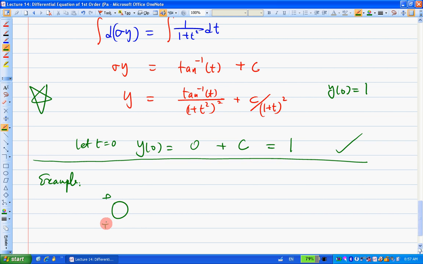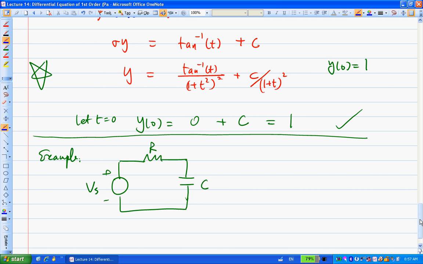Okay. So I'll give you a circuit here. This is the RC circuit that we used in the previous lecture. We have derived the equation of motion for this one.